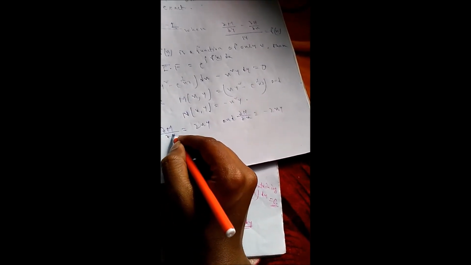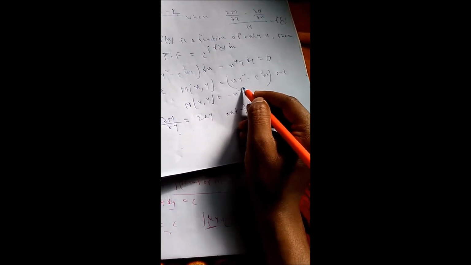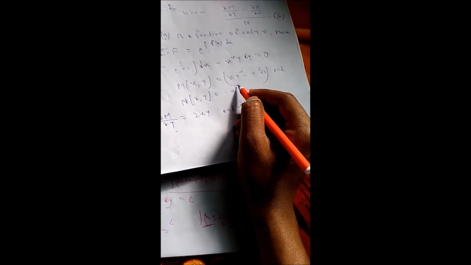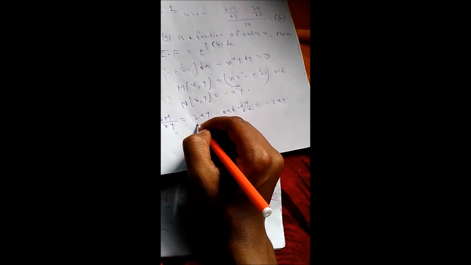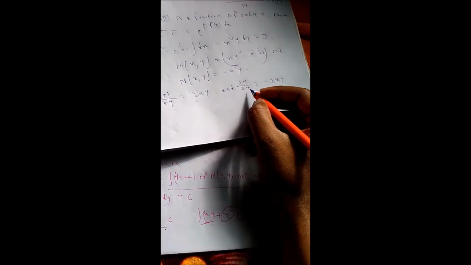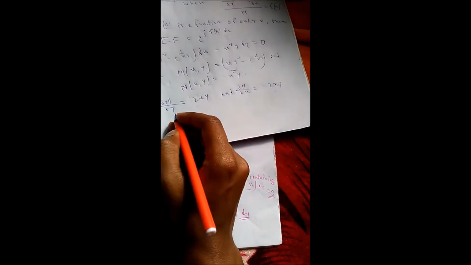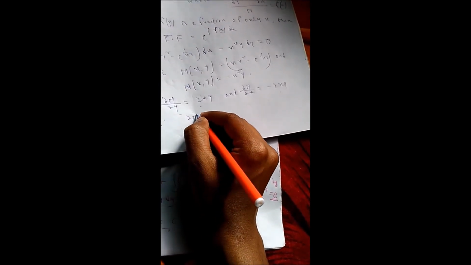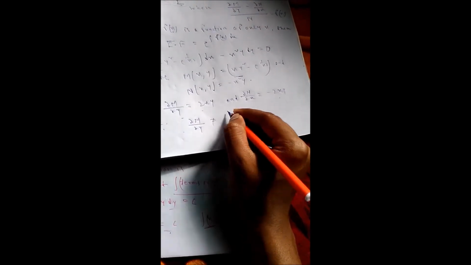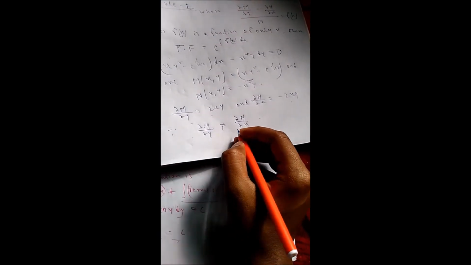Here we partially differentiate with respect to y, and 2xy comes. In the same way, minus 2xy for del N by del x. Since del M by del y is not equal to del N by del x, therefore the equation is not exact.